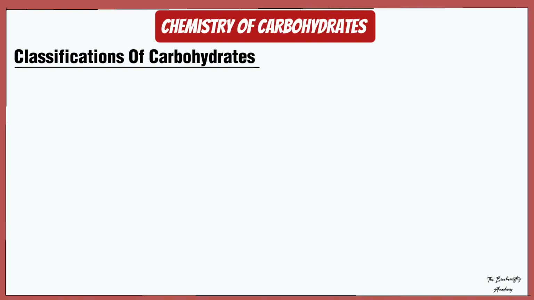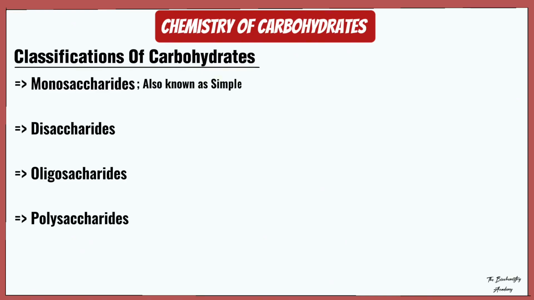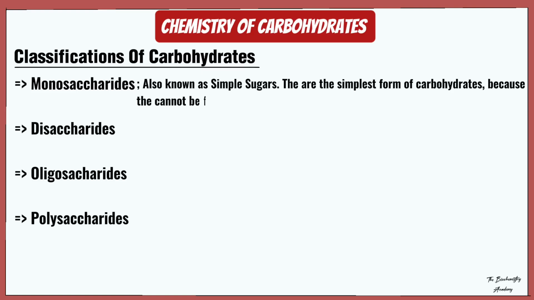Carbohydrates are classified as monosaccharides, disaccharides, oligosaccharides, and polysaccharides. Monosaccharides are known as simple sugars. They are the simplest form of carbohydrate because they cannot be further hydrolyzed into smaller units.